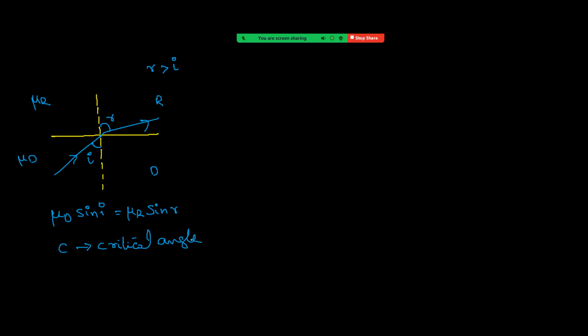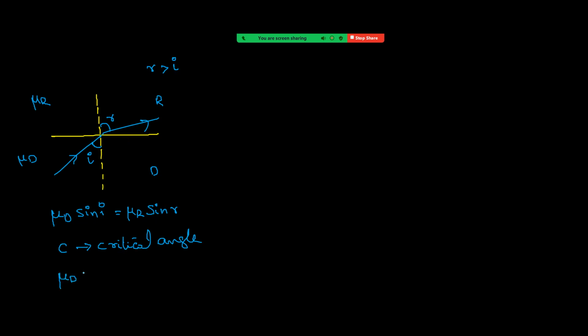So it is the angle of incidence in the denser medium for which the refracted ray grazes the surface, or we can say the angle of refraction is 90. Then see what happens.